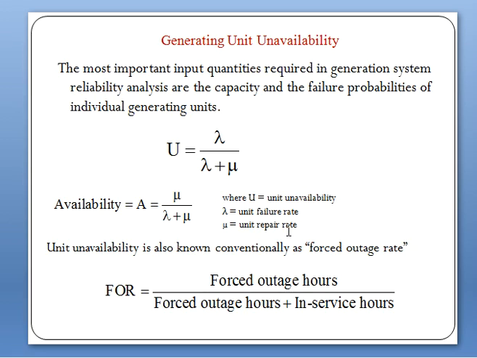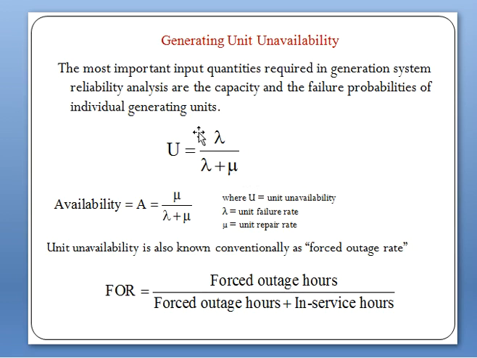In other words, we can also define the unit unavailability as the summation of downtime of the generating unit divided by the summation of downtime of the generating unit plus the summation of uptime of the generating unit.